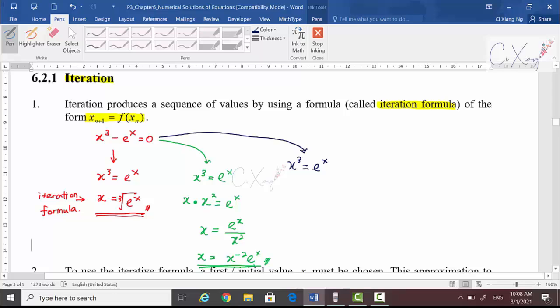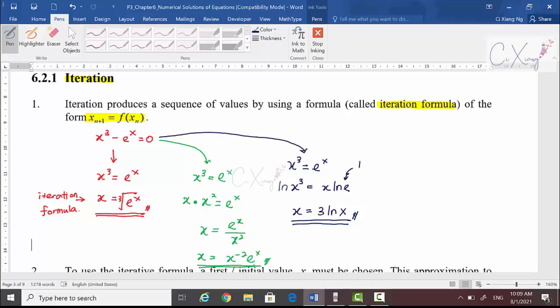When I take ln, I have ln x power 3 equals x ln e. You know that ln e equals 1, right? Therefore, this equation becomes x equals 3 ln x. You'll see that the left hand side is x, and the right hand side is other things from the original equation. So this is what we call an iteration formula as well.